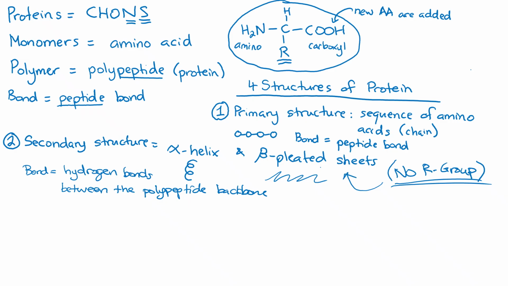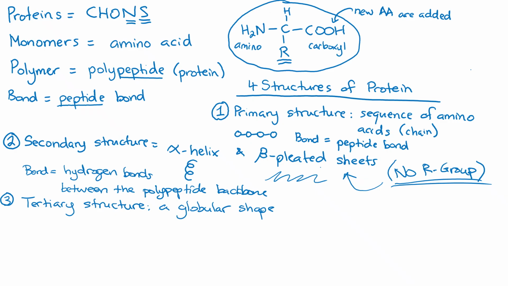Now, as the R groups come into play, we have our third structure. It's called the tertiary. Yes, you guessed it. It's going to go in order. Tertiary structure. So this tertiary structure, I like to call it a globular shape.